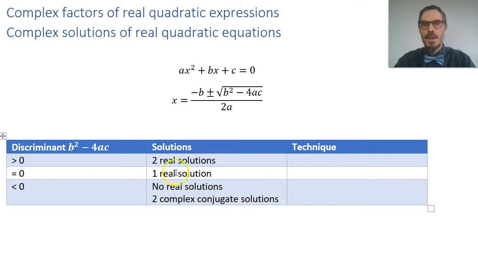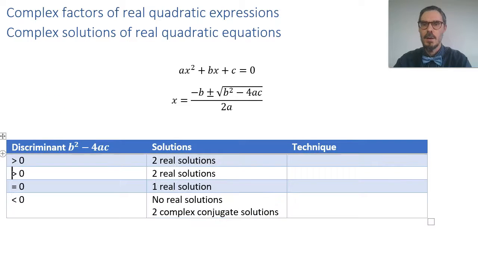Now, I want to split up this top row a bit more because I want to fill in the technique column. How should you go about trying to factorise and solve? Well, if there's two real solutions, there's two options. If it's greater than 0 and it's a perfect square, then you should just factorise as you are used to doing.